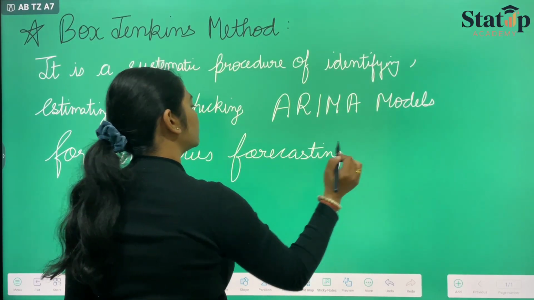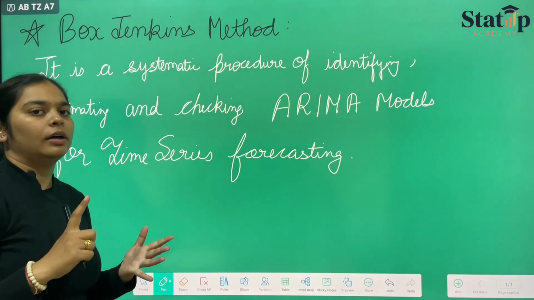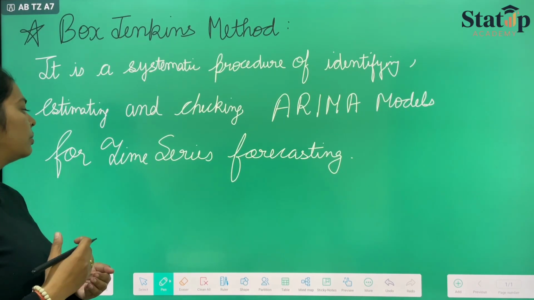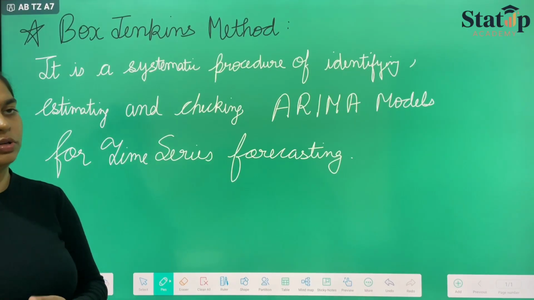So this is our definition of the Box-Jenkins method. It is the systematic procedure of identifying, then estimating, and then checking the ARIMA models, whether they are fit for time series forecasting or not.